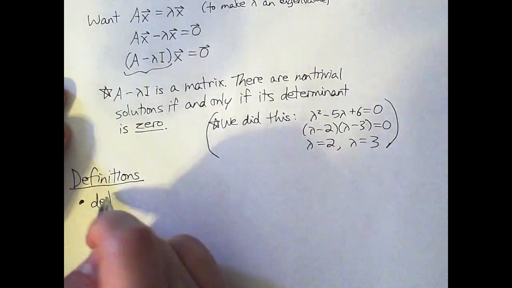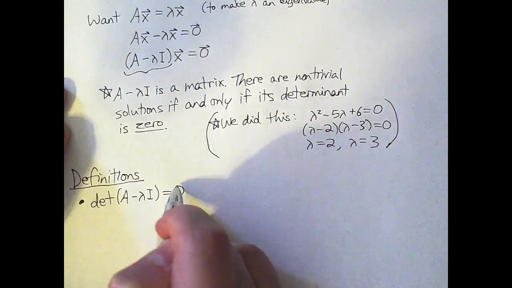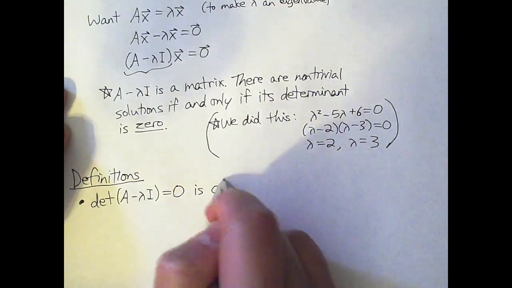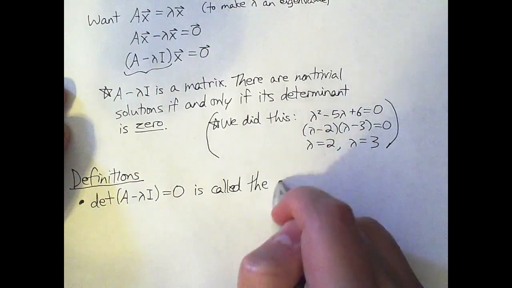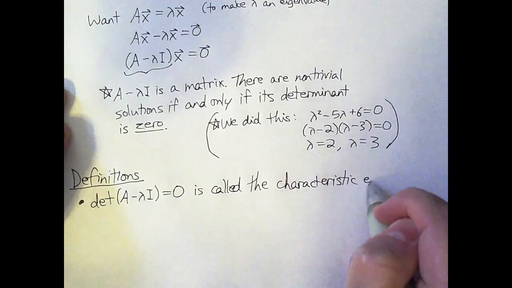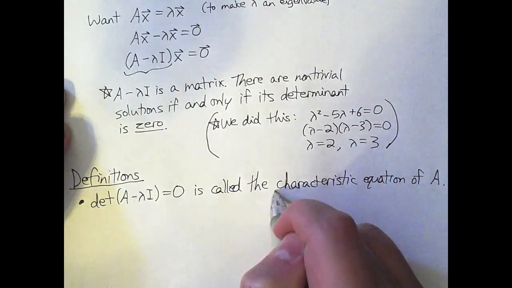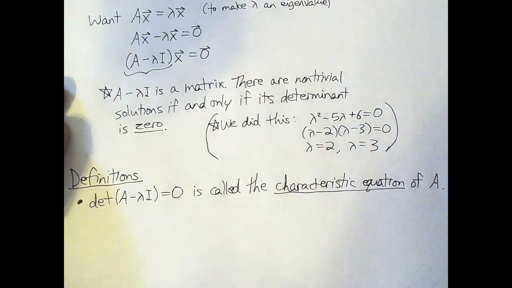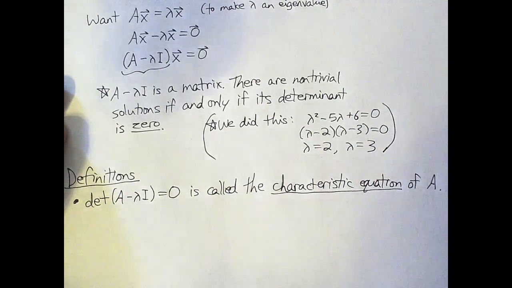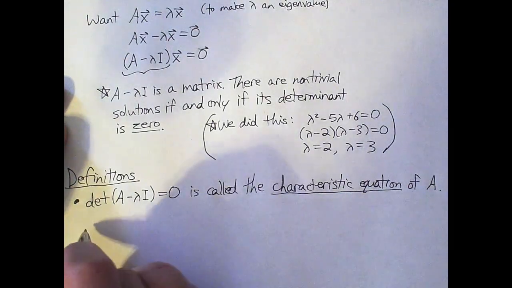The determinant of A minus lambda I equals 0 is called the characteristic equation of A. It is an equation that helps us find eigenvalues. All right, key idea: the characteristic equation is a determinant equation that helps us find eigenvalues.